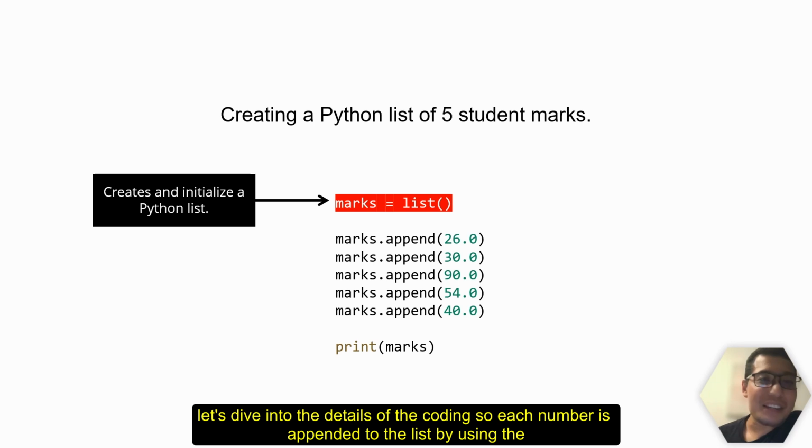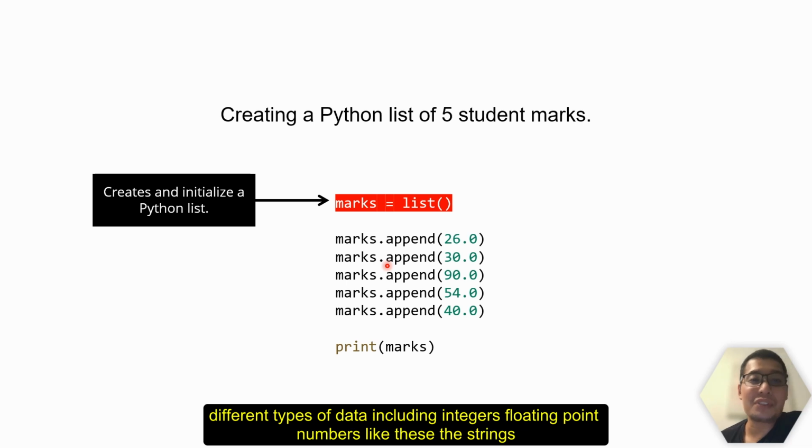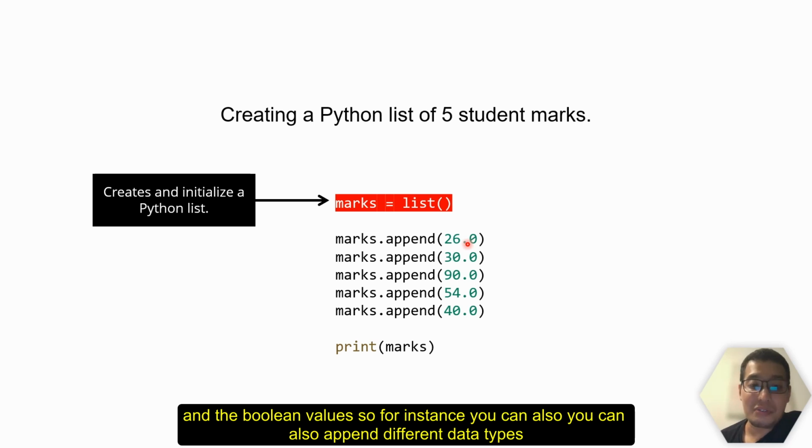So let's dive into the details of the coding. Each number is appended to the list by using the append function. You have to remember this, okay? A list in Python can store different types of data, including integers, floating point numbers like these, strings, and Boolean values.